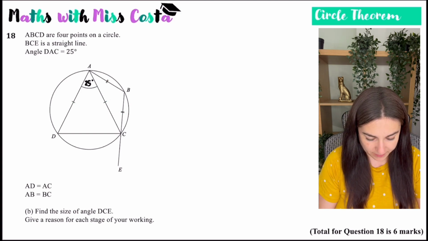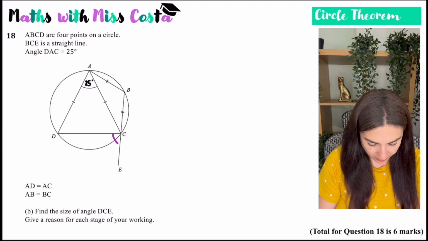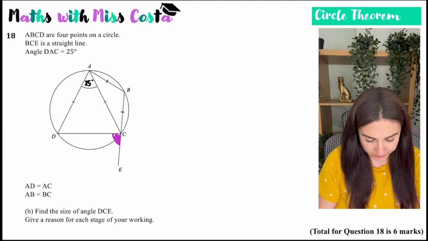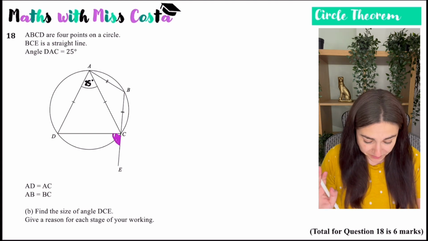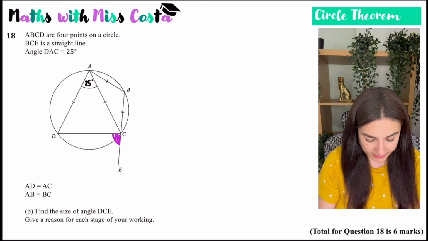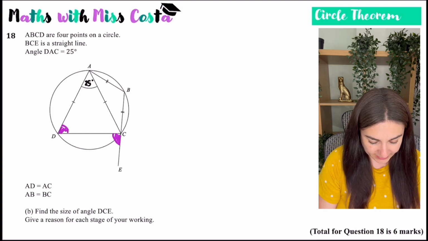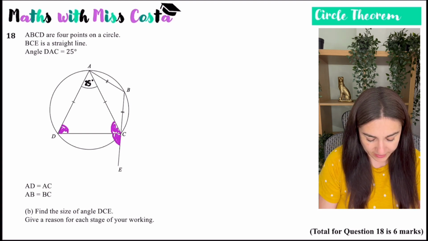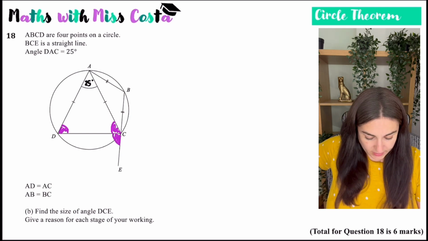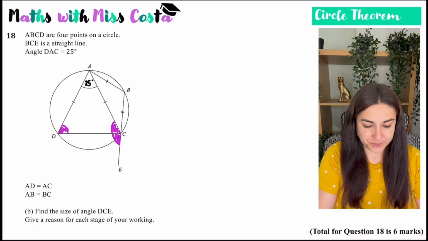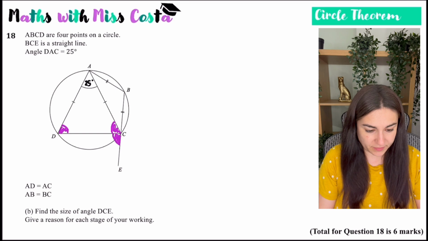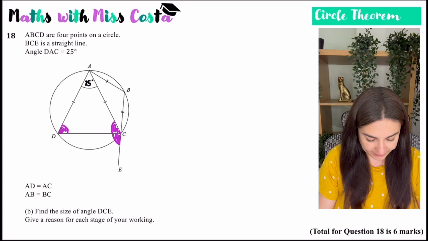The ultimate aim is to work out what this angle here is. I can deal with that later. First, let's deal with what I know. That's 25 degrees, which means that I can work out what these two angles here would be. 180, take 25 is 155, divided by 2 is 77.5.